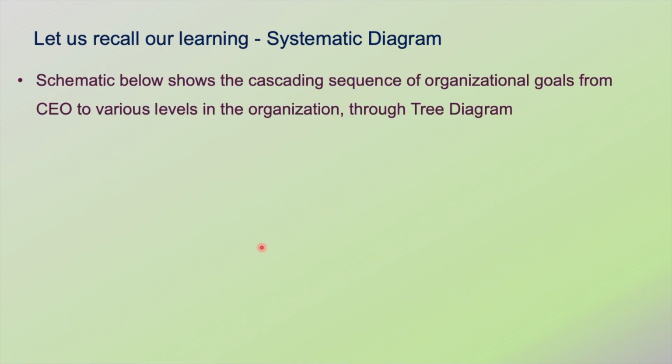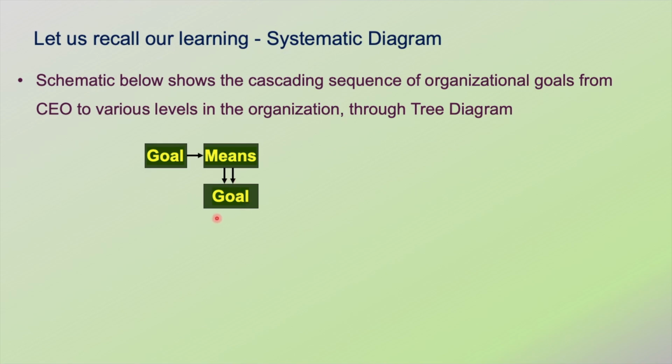We are showing this with an example. The schematic below shows the cascading sequence of organizational goals from CEO to various levels of the organization through a tree diagram. The CEO's goals are defined and divided into various means, which become the goals of the next level, say from CEO to vice president.